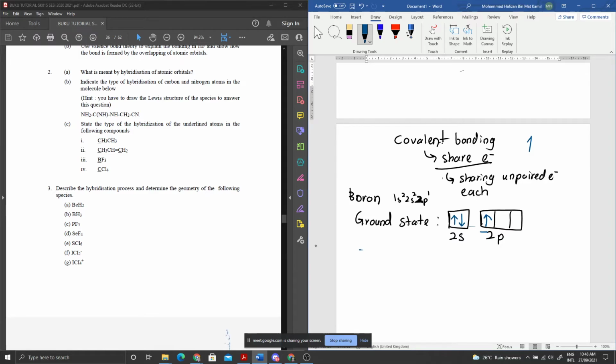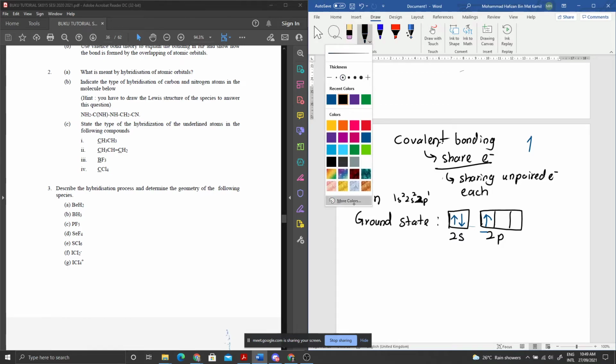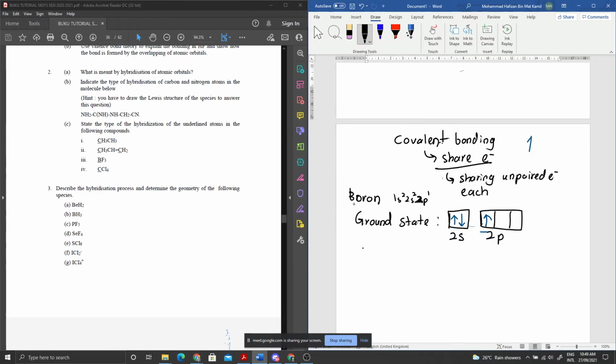And then untuk excited state, okay. So what happened is the boron dia pinjam sikitlah energi daripada orang lain. So ibarat macam ni lah, boron ni nak kahwin dengan 3 hidrogen, tapi dia tak cukup duit. So dia pinjamlah duit daripada mak ayah dia.